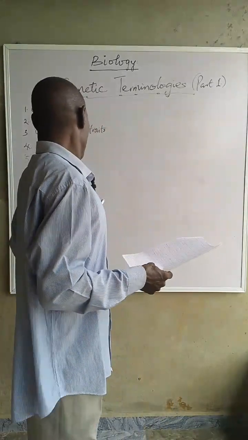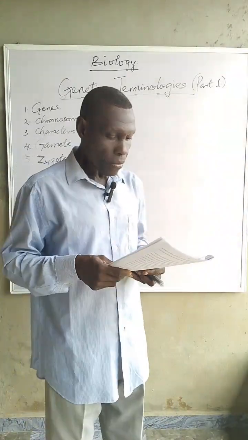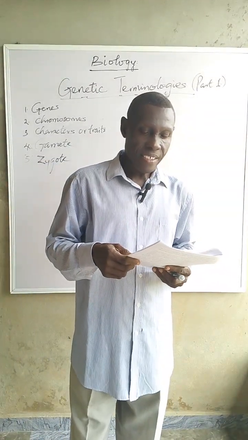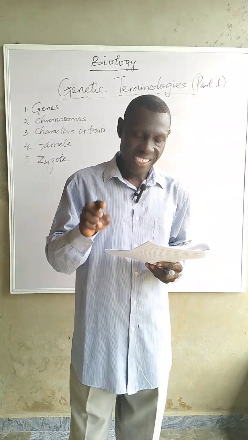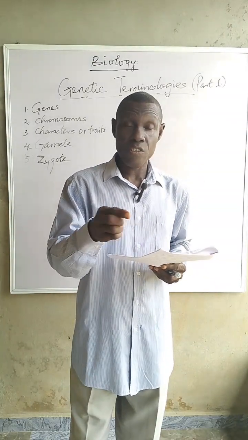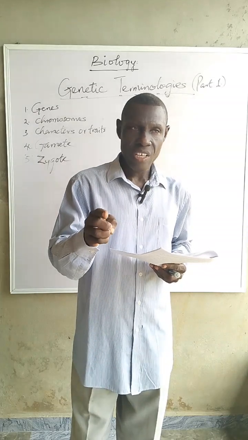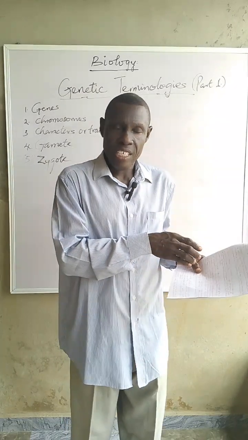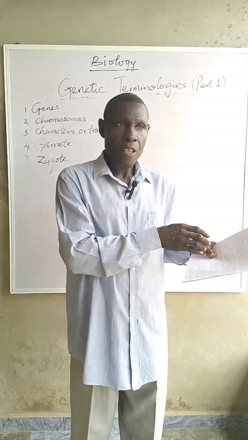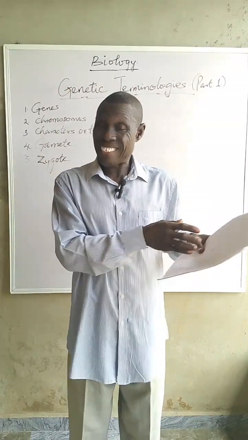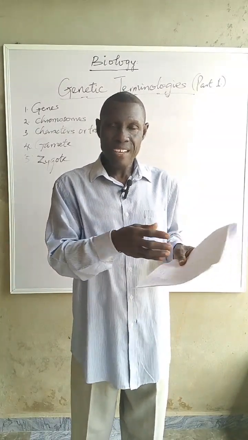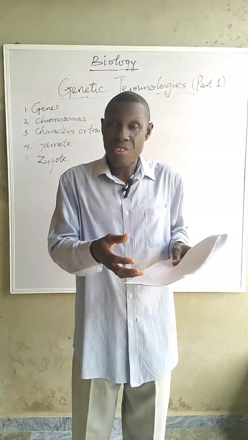Then number four, gamete. Gamete is said to be the matured sex cell. Not all the cells in the human body are meant for sexual intercourse. We have cells for the reproductive system, for circulation, for digestion, for respiration, for excretion.